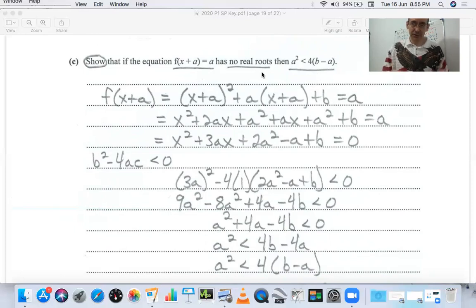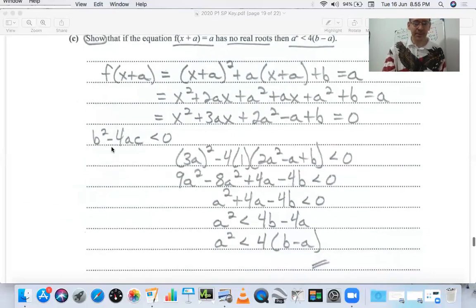So if you're dealing with number of solutions, that's your discriminant from the quadratics unit. That means b squared minus 4ac has to be less than 0 in order to end up with no real solutions. So the b, again, is the 3a, just the coefficient of our x term. So 3a squared minus 4 times a.